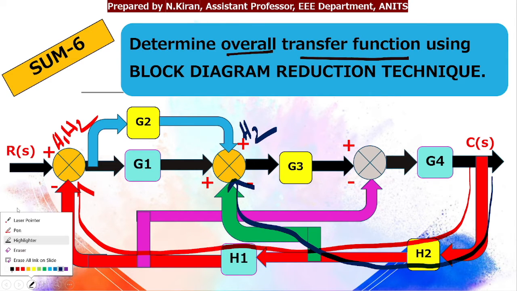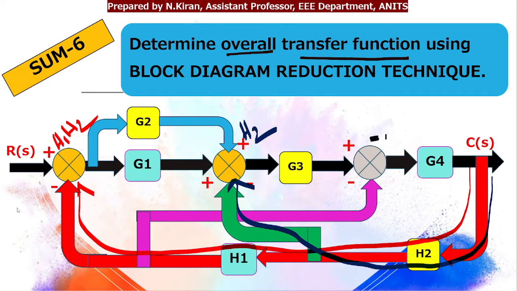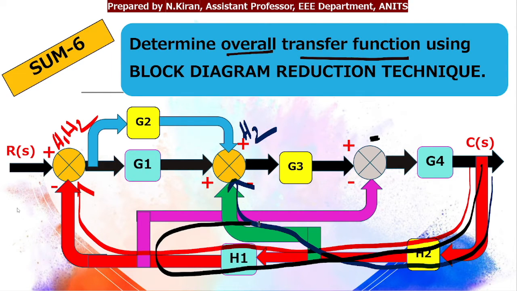And the third summing point, if I observe carefully, the gain is H2 H1, the pink line is going to this, so this will have H1 H2. As the first step, these three feedback loops I'll try to rearrange, so it will be easy for me to reduce my block diagram in further steps.